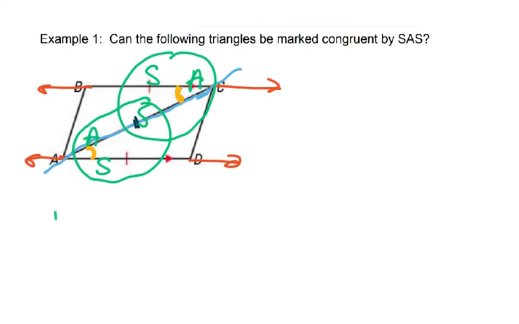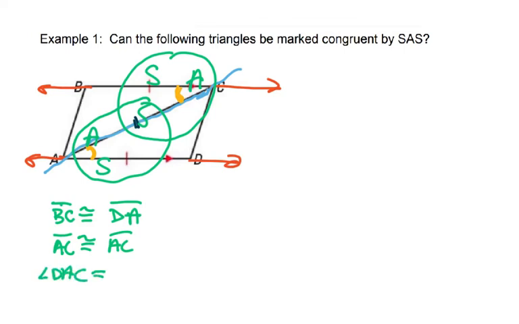I can say, according to these markings, side BC is congruent to side D to A. I can say that AC is congruent to itself. And I can say angle DAC is congruent to angle BCA. Those are the ones that I marked as alternate interior.